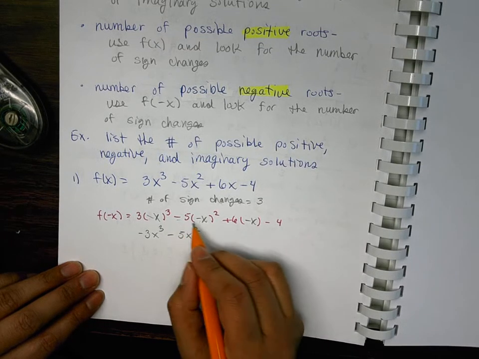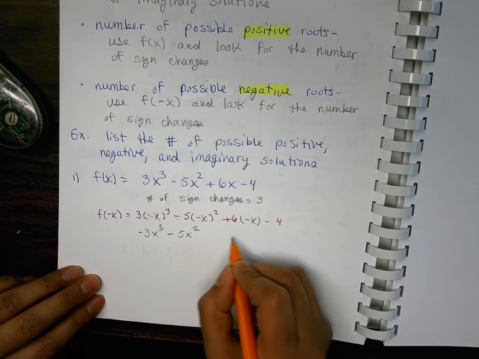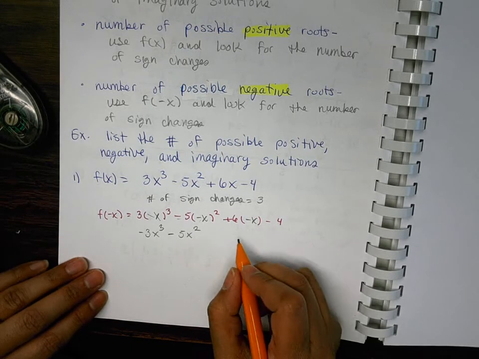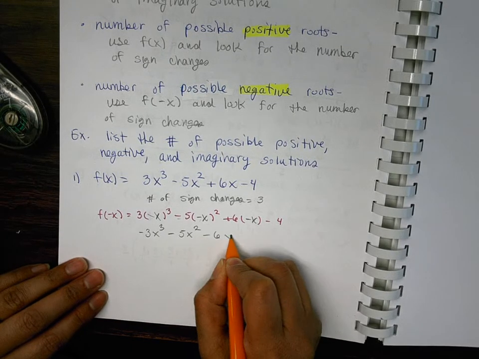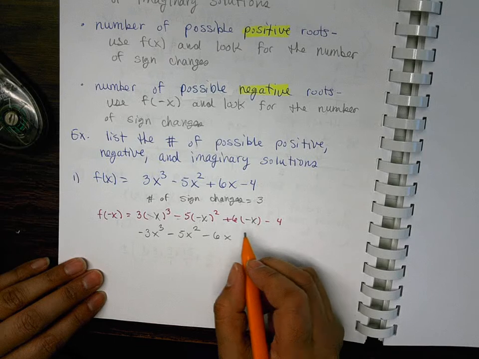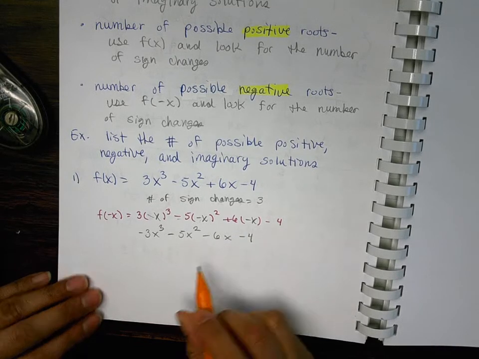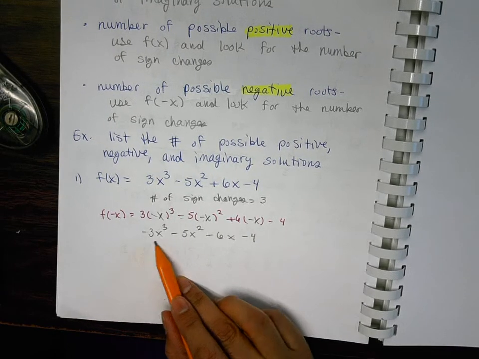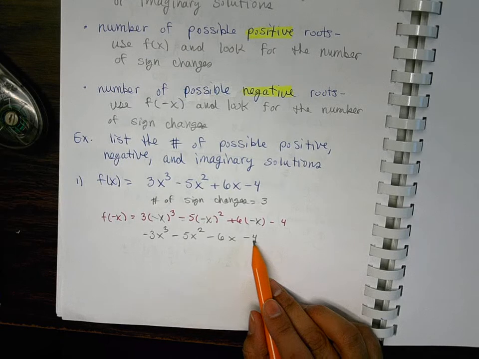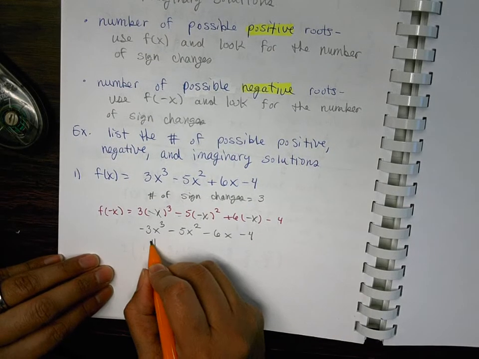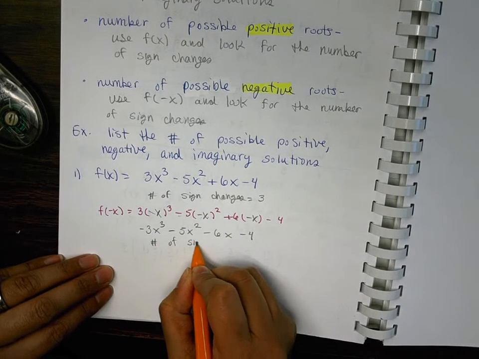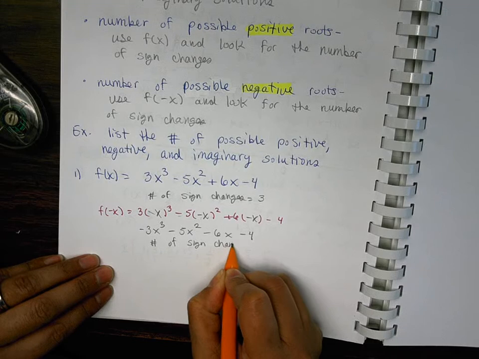Minus. Why do these two negatives not cross out? The squared. You do the square before you multiply. Exponents first. Plus 6x or minus 6x? And then plus 4 or minus 4?